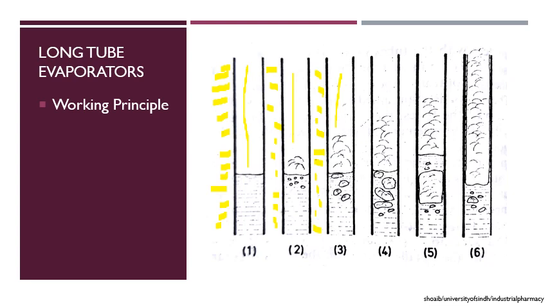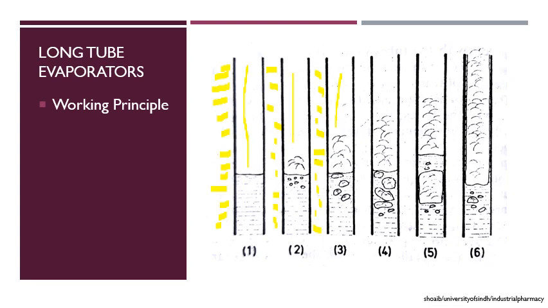Now if you see tube number 3, the size of the bubbles is increasing. Eventually, as the temperature increases, look at tube number 4. Now these bubbles become larger, and further smaller bubbles are also formed.